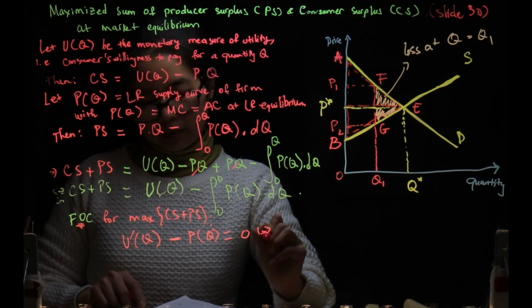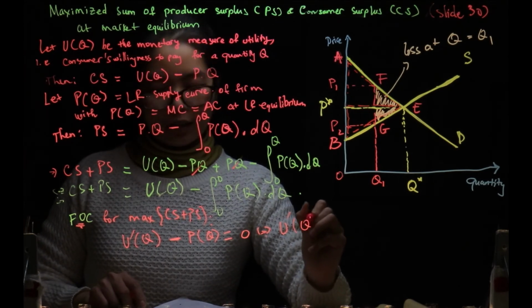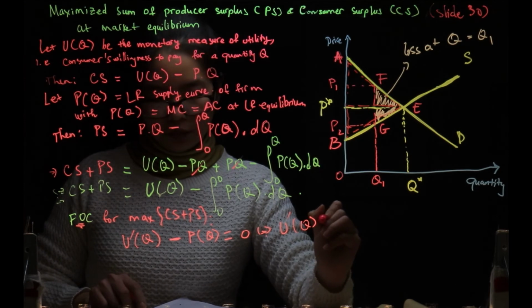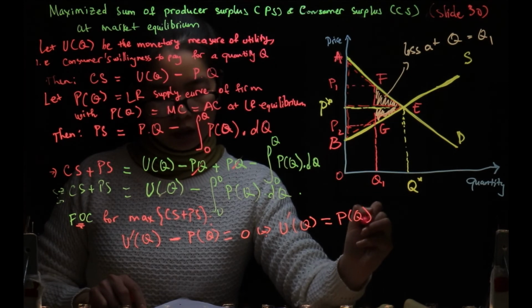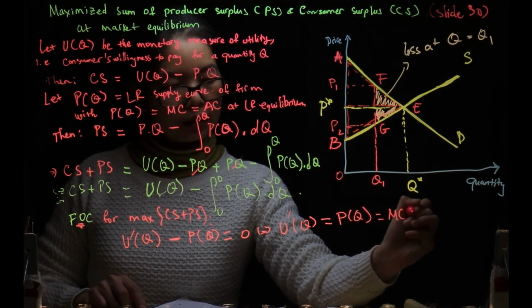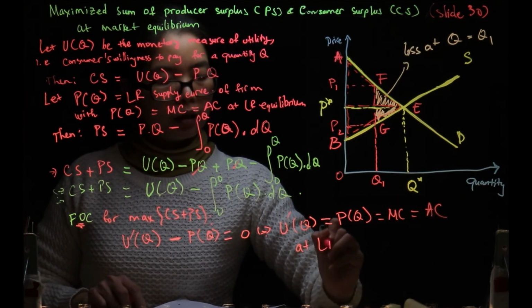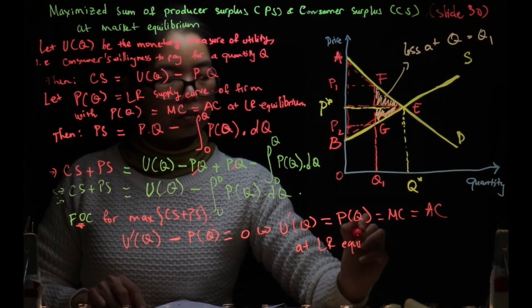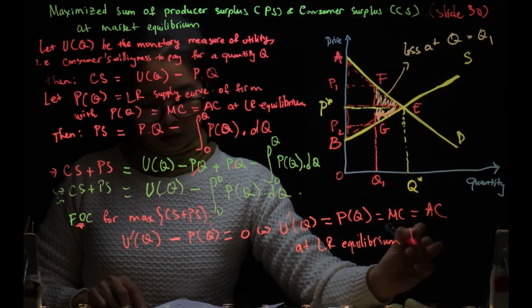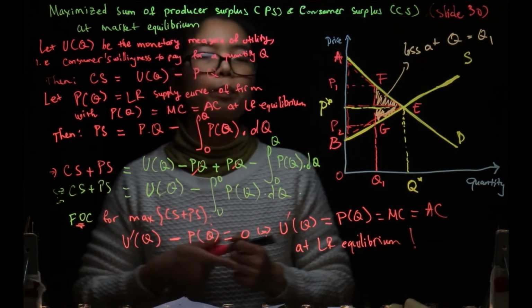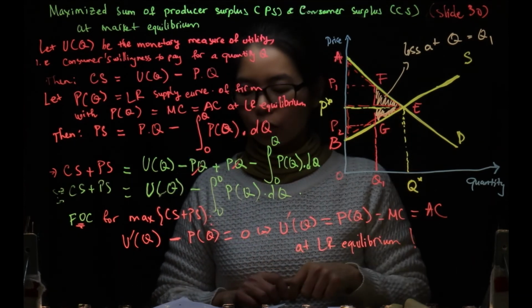Meaning, the marginal utility of this Q must be equal to the marginal cost of Q, and that is at long run equilibrium. So this is the proof of why it's maximized at this point. So what does it say?